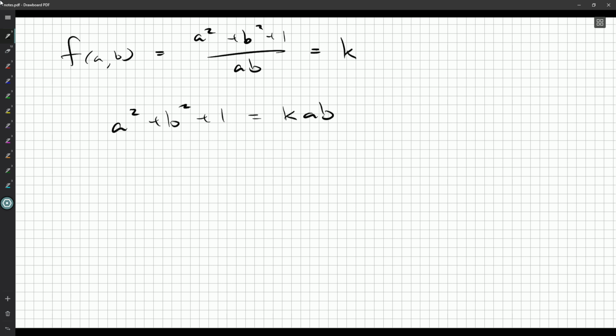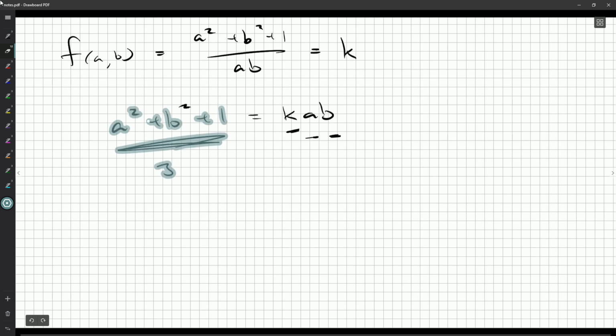How are we going to do that? So if k is a multiple of 3, that means that a squared plus b squared plus 1 must be a multiple of 3. But just because you get a multiple of 3 over here doesn't mean maybe a is a multiple of 3 or b is a multiple of 3, and then that would absorb it. So I think we should look at this with modular arithmetic. There's only going to be so many possibilities.